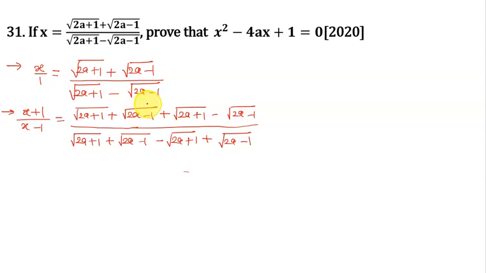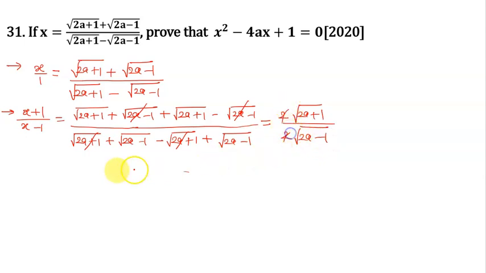Now here these two terms get cancelled, and these two terms will get cancelled, and overall you will have √(2a+1) upon... 2√(2a−1).